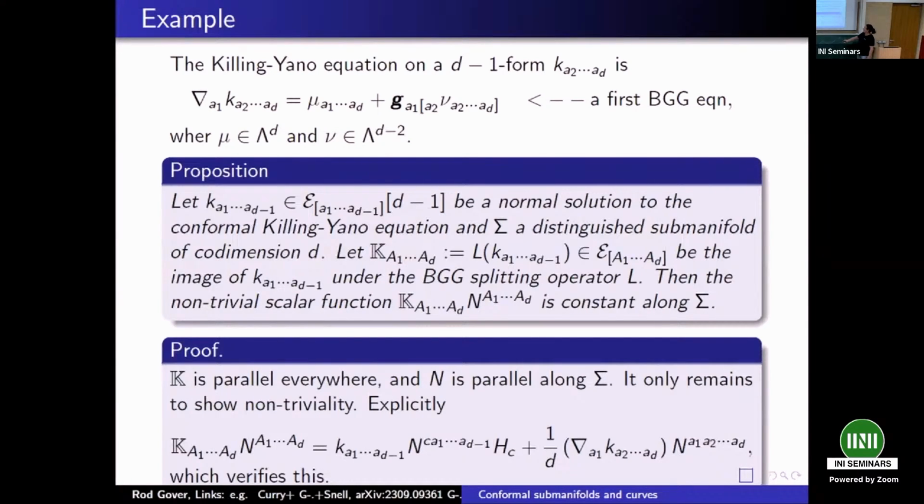So that's a tensor with D minus 1 indices. No, this just involves one derivative of the... So it's first order. Is that what you mean?